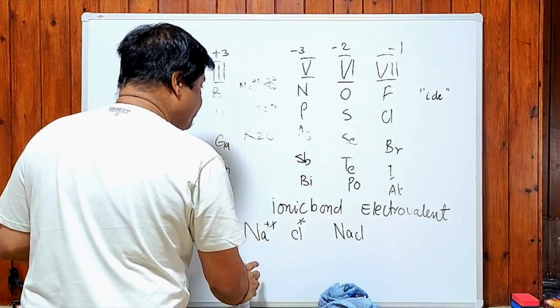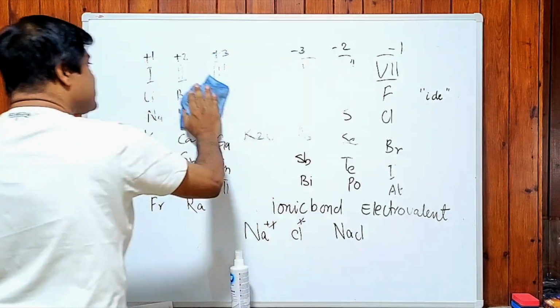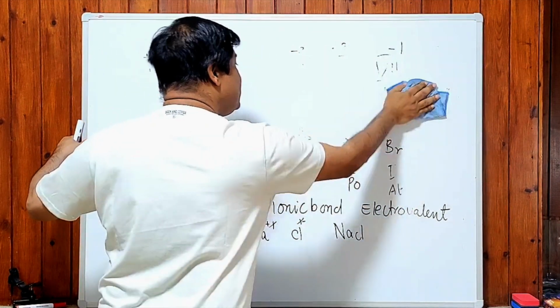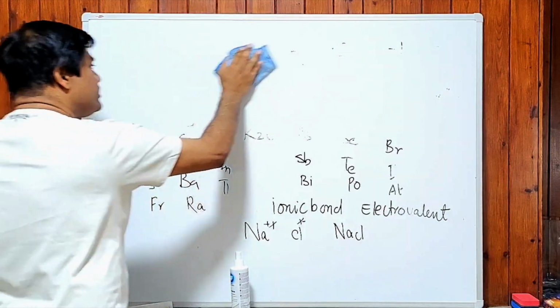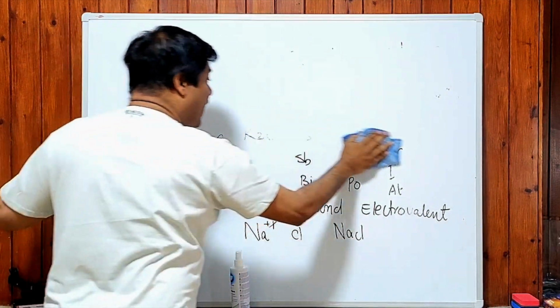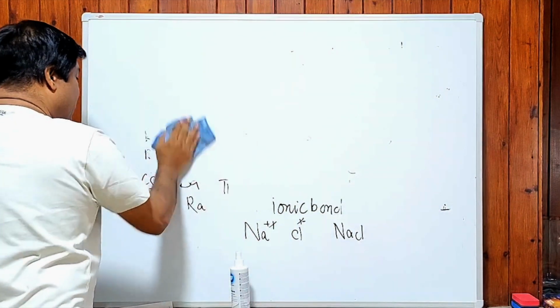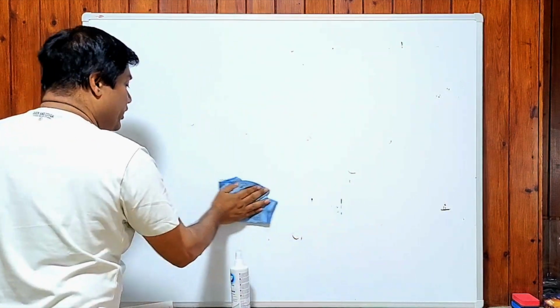And I told you, a non-metal with a negative charge ends as -ide. We have -ite, -ate, and -ide. I will tell you the difference between -ide and -ate. Don't worry about it. First, we are learning how to write the chemical formula of an ionic compound.